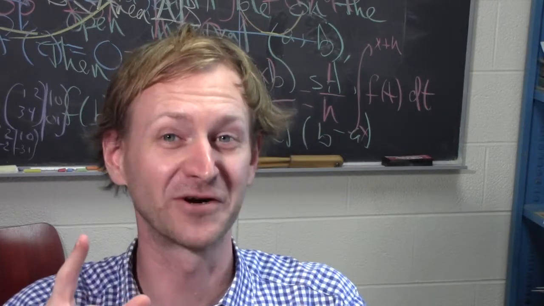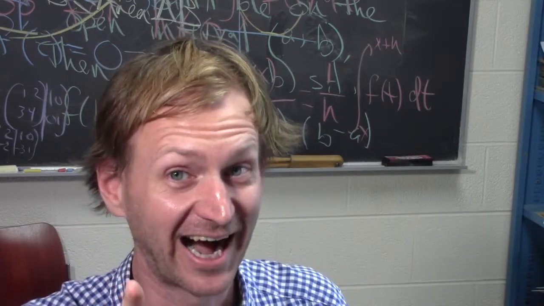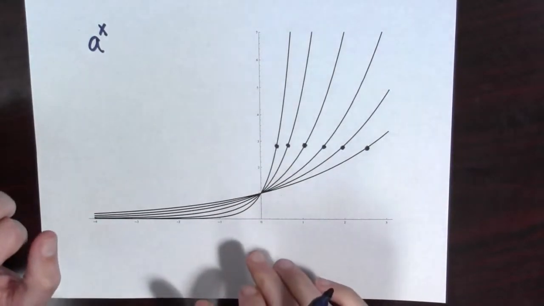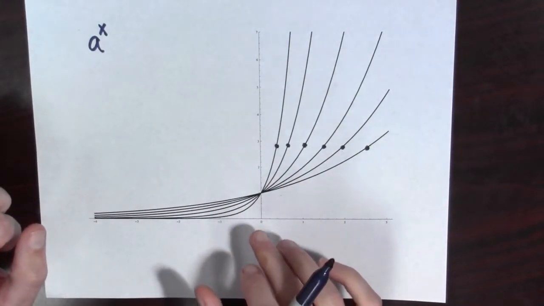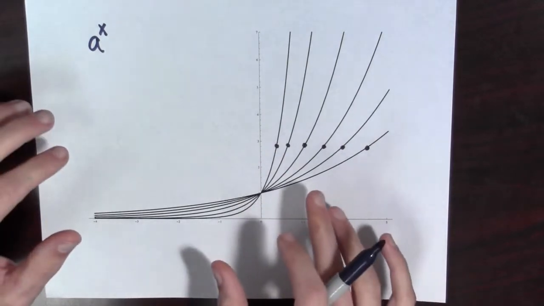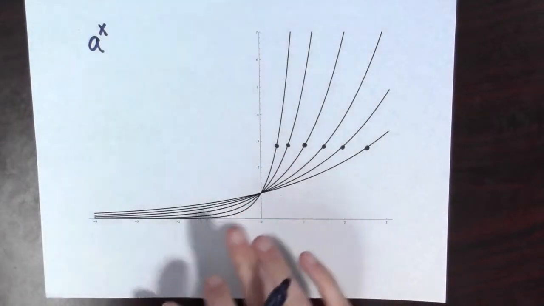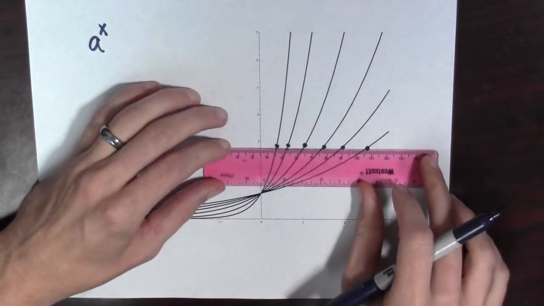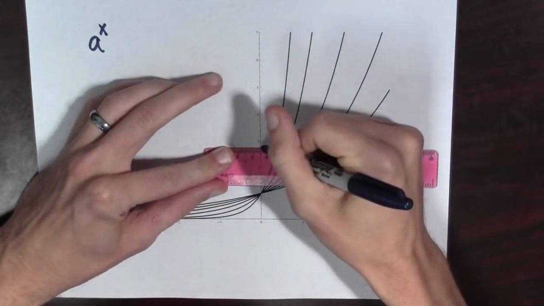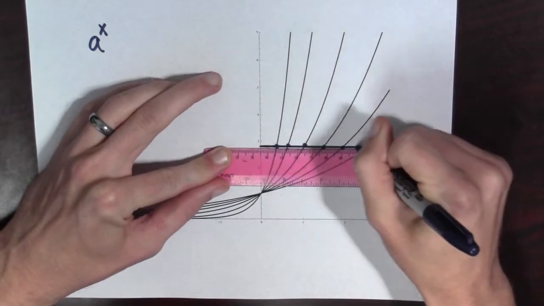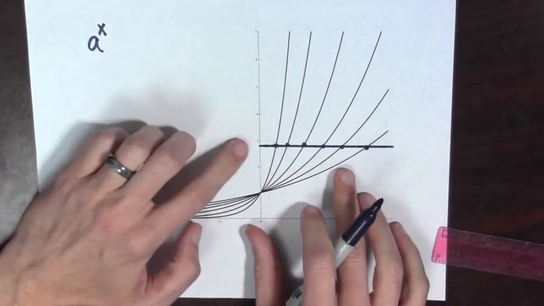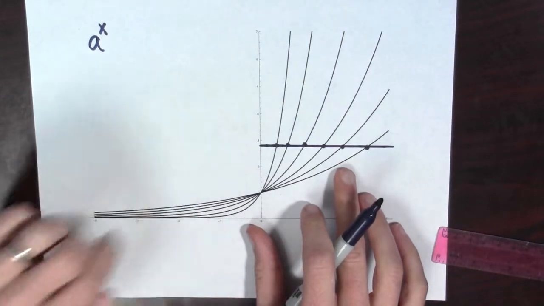Wow! What a discovery! Since our work was not really dependent on the value of a, except for the fact that in this case a was greater than 1, all these points are on the same horizontal line, and that line is at height e.